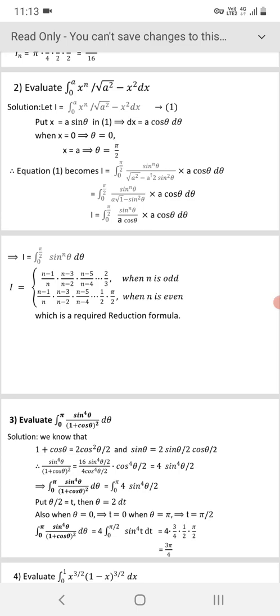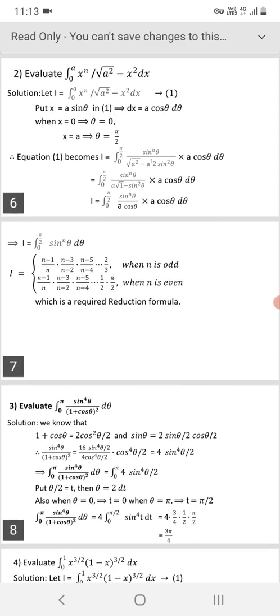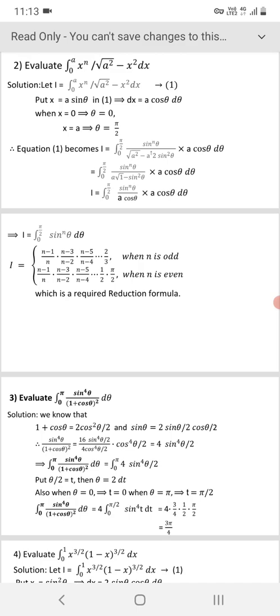Now if I take all the substitutions in equation 1, it becomes I equals the integration from 0 to π by 2 of sin^n θ by the root of a² minus a² sin² θ, times dx, which is nothing but a cos θ dθ. Now after simplification, the given integral becomes the integration from 0 to π by 2 of sin^n θ dθ. Here a cos θ will be cancelled.